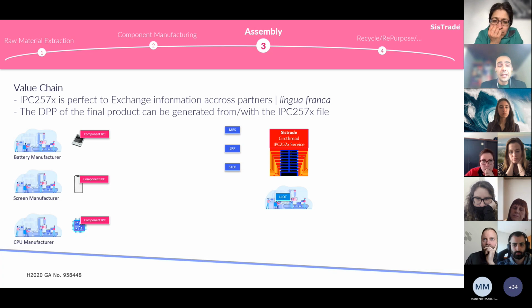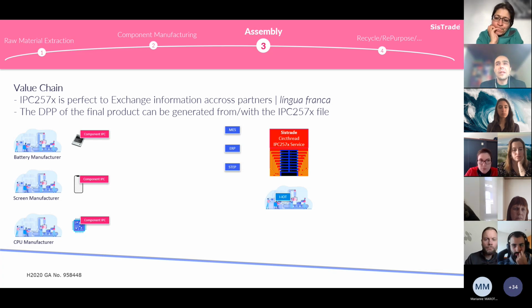So at the end, if the DPP final legislation says that we have to follow a standard, we can include the DPP information in the IPC as an attachment, the DPP file as an attachment, or even, why not, maybe we can use the IPC file as the main component of the DPP.